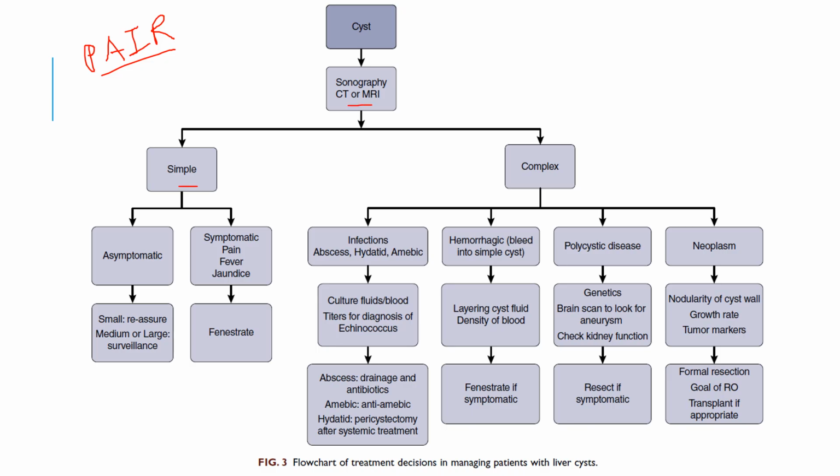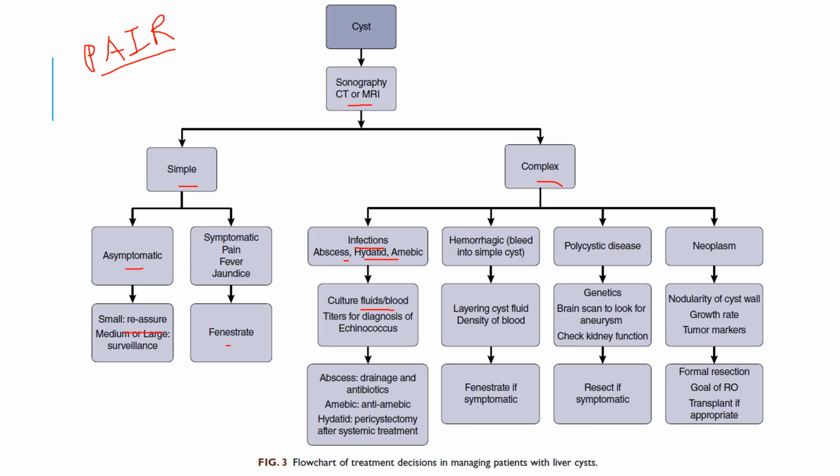So in case of any liver cyst, once you do a sonography, CT or MRI, and classify them as a simple, thin-walled cyst, or a complex cyst, anything other than simple, the management line differs. If it's a simple cyst, if it's asymptomatic, you can reassure the patient. If it's symptomatic with fever and jaundice, you can fenestrate. If it's a complex cyst, like infection, abscess, hydatid, or amoebic cyst, you can take culture of fluid or blood.